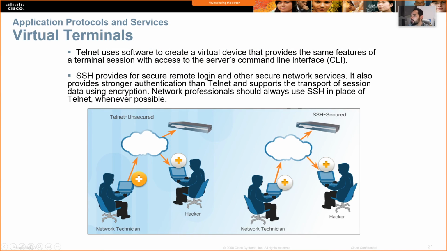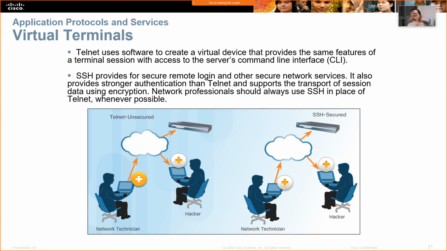Perfect. Now we get to the difference between Telnet and SSH. So I told you guys that SSH is used to manage devices remotely. Telnet has got the same purpose as SSH, but the difference is Telnet is unencrypted. So Telnet is not secure. All right.